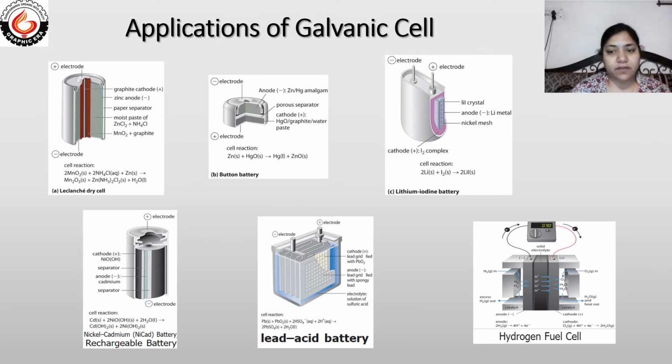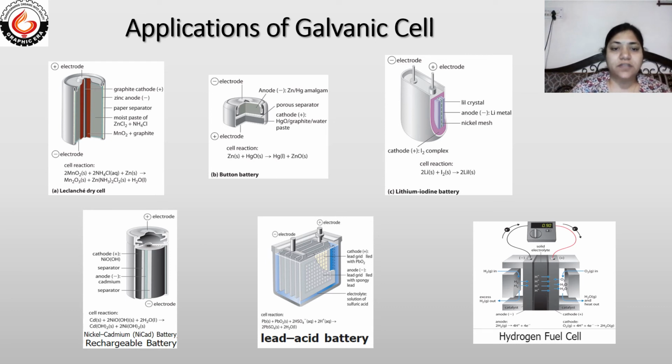Applications of galvanic cell. Galvanic cells are very useful in day-to-day life to provide electric current, and these are broadly classified into two types: non-rechargeable and rechargeable galvanic cells.